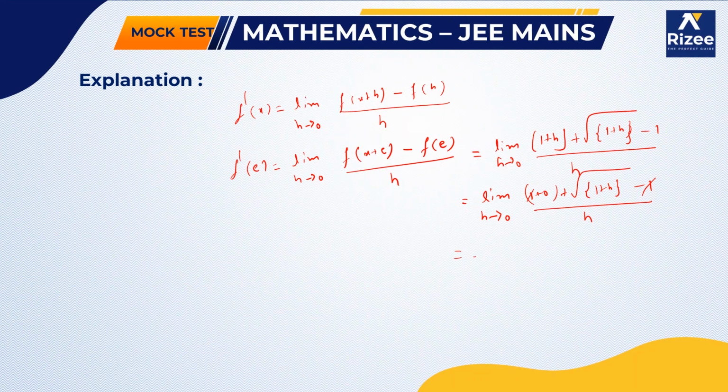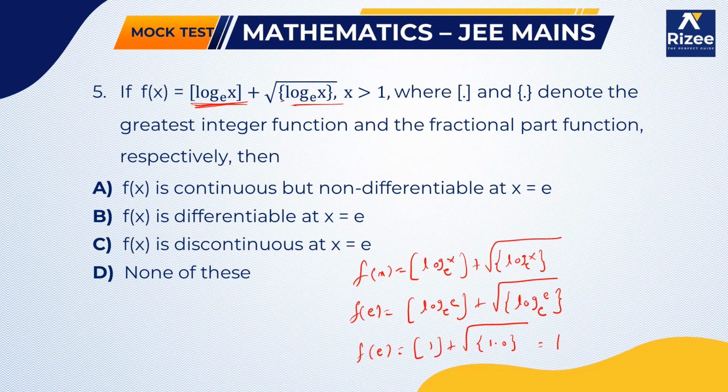The remaining is the limit as h tends to 0 of the root of the fractional part of 1 plus h, which is h, divided by h, equals the limit of 1 by root h. If h tends to 0, then 1 by root h tends to infinity. So f is not differentiable. So f of x is continuous but not differentiable at x equals e.